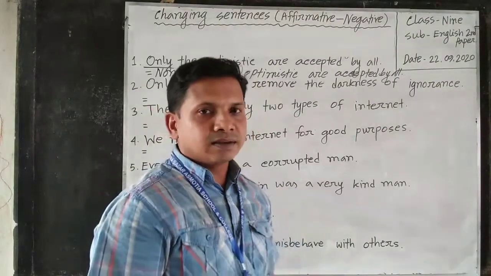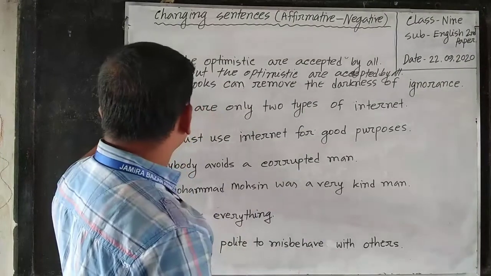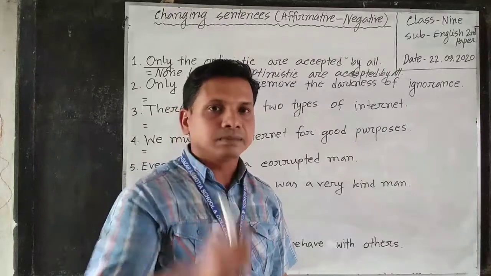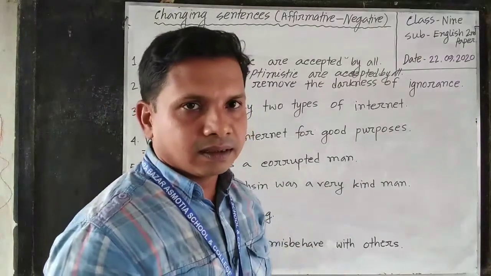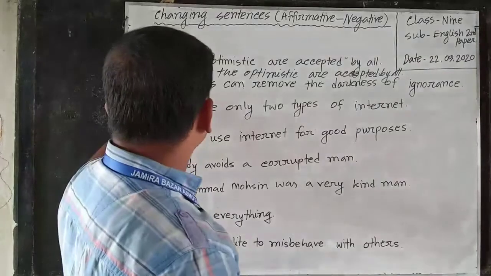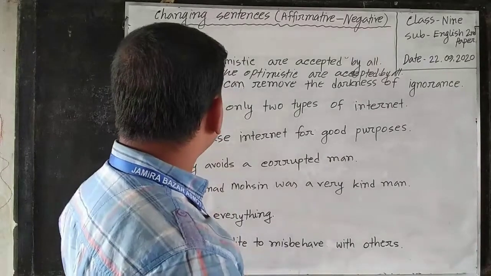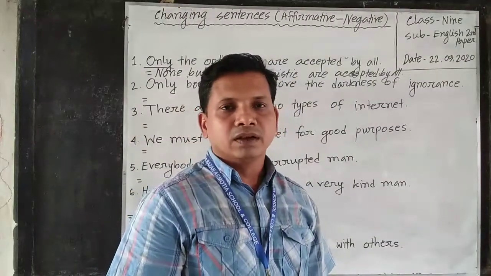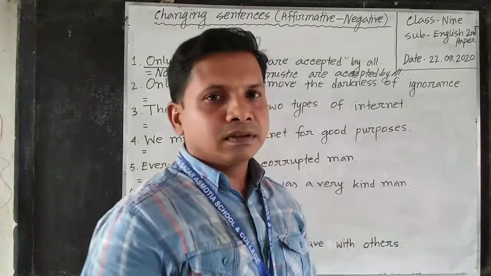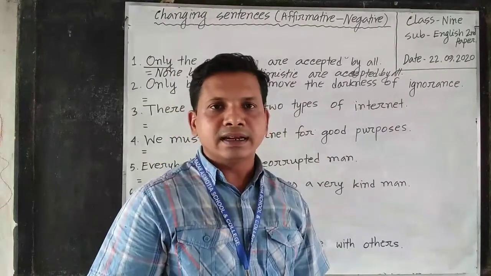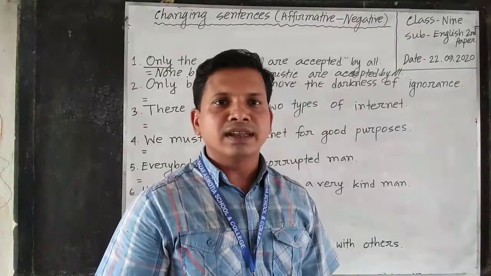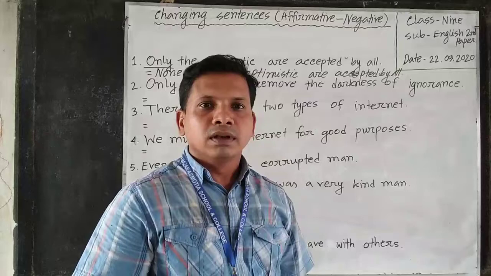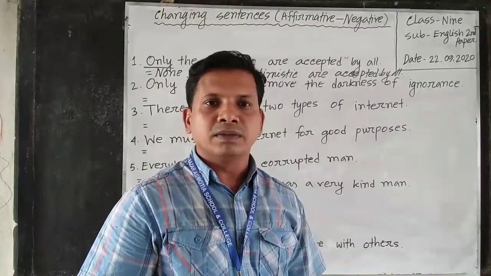So dear students, follow the next sentence. The next sentence also contains only, and the word only indicates here a thing. We know if the word only indicates any object or anything, we use nothing but instead of the word only.